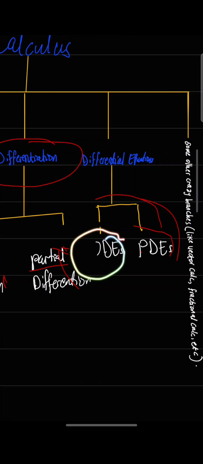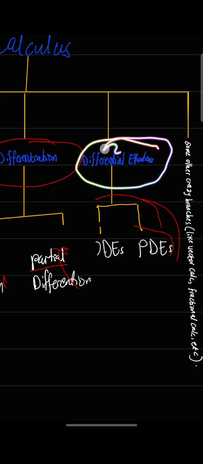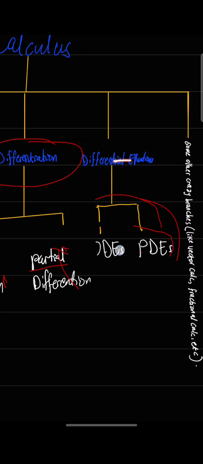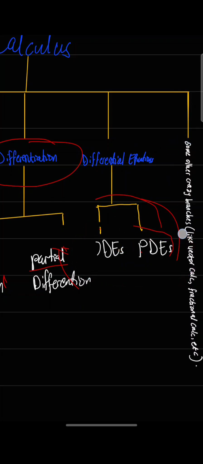We have ODEs, which is ordinary differential equations, which we are doing now, and we have PDEs, which is partial differential equations, which we'll do later, and we have differential equations. Differential equations is actually these two, and some other crazy branches of calculus like fractional calculus and vector calculus.